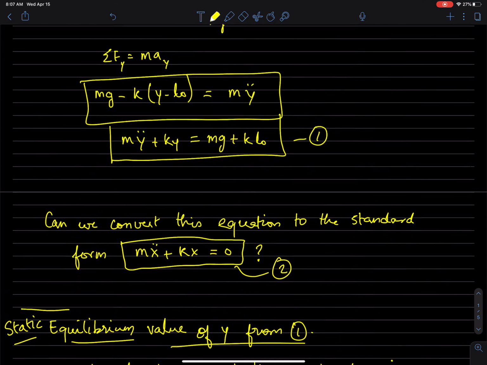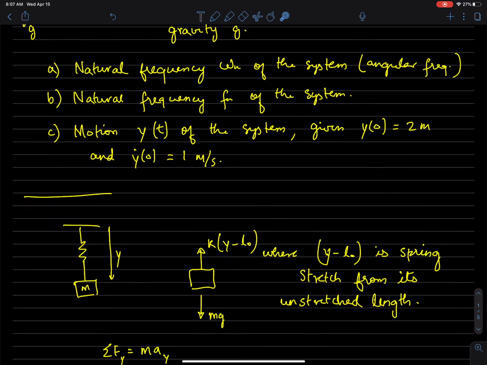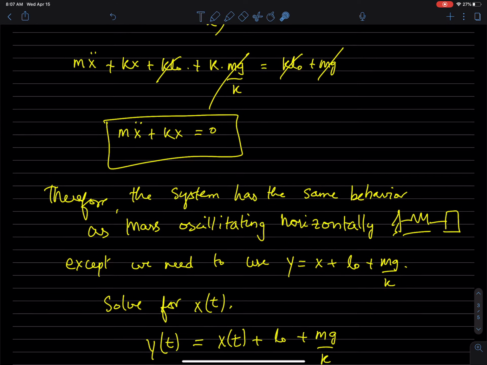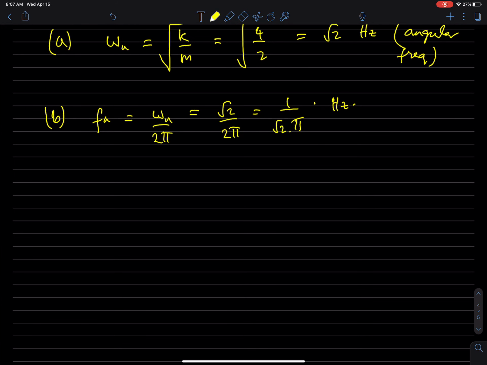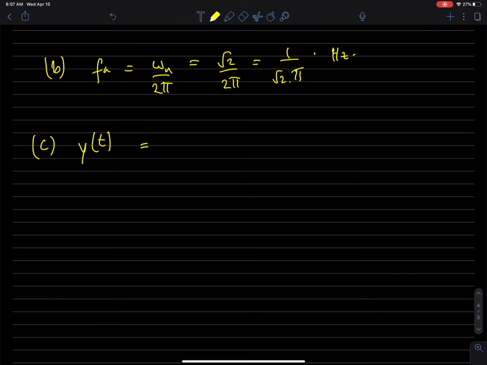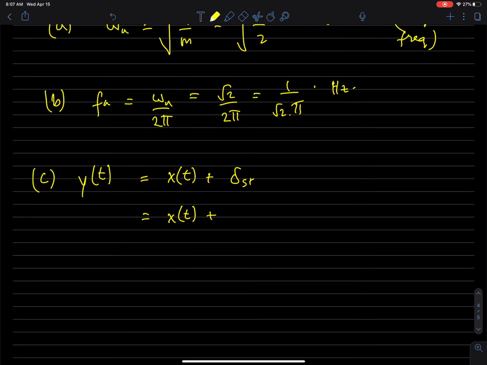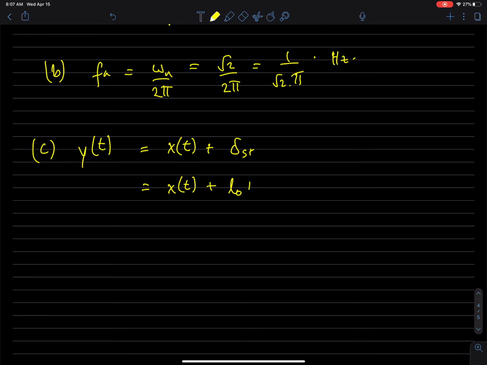And then we ask for the motion y of t. Okay, so what is y of t? We just established that y of t is x of t plus the static equilibrium position, which is x of t plus L naught plus mg over k.